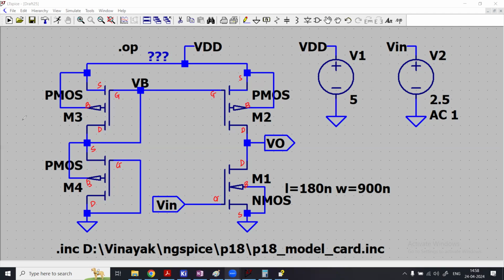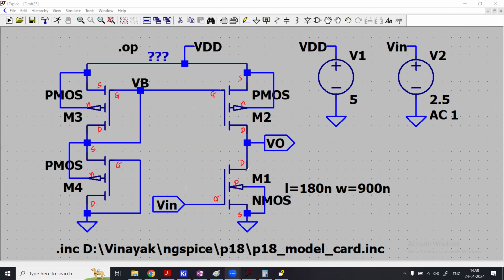Instead of writing the body here, I would write the N-type body. That is for the PMOS. Here also N-type body, because PMOS transistors are manufactured in an N-type substrate. Here also the N-type body, and here you have the P-type body.